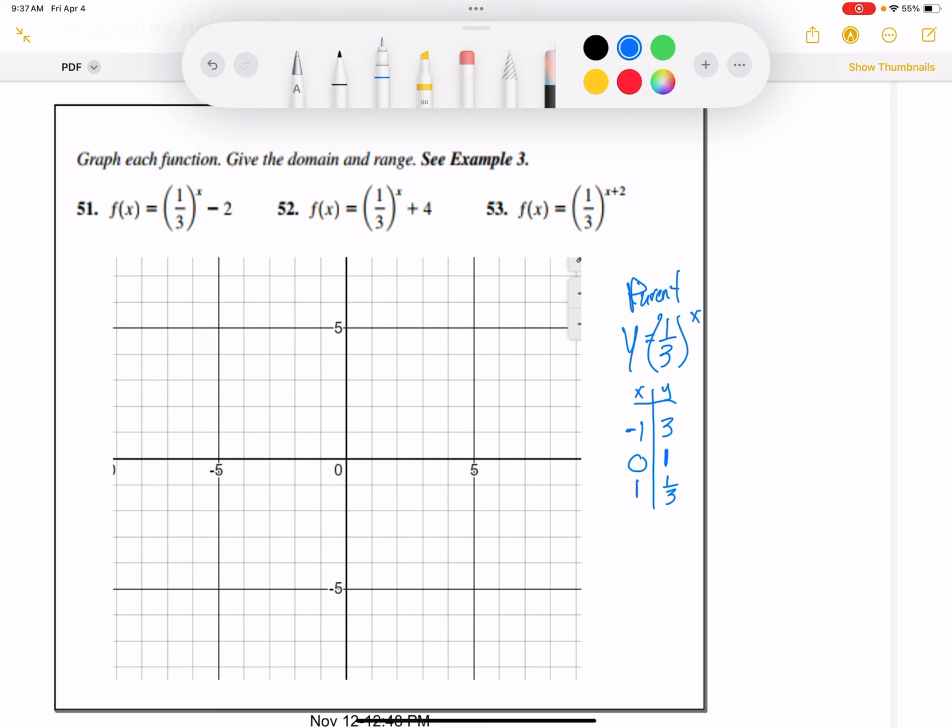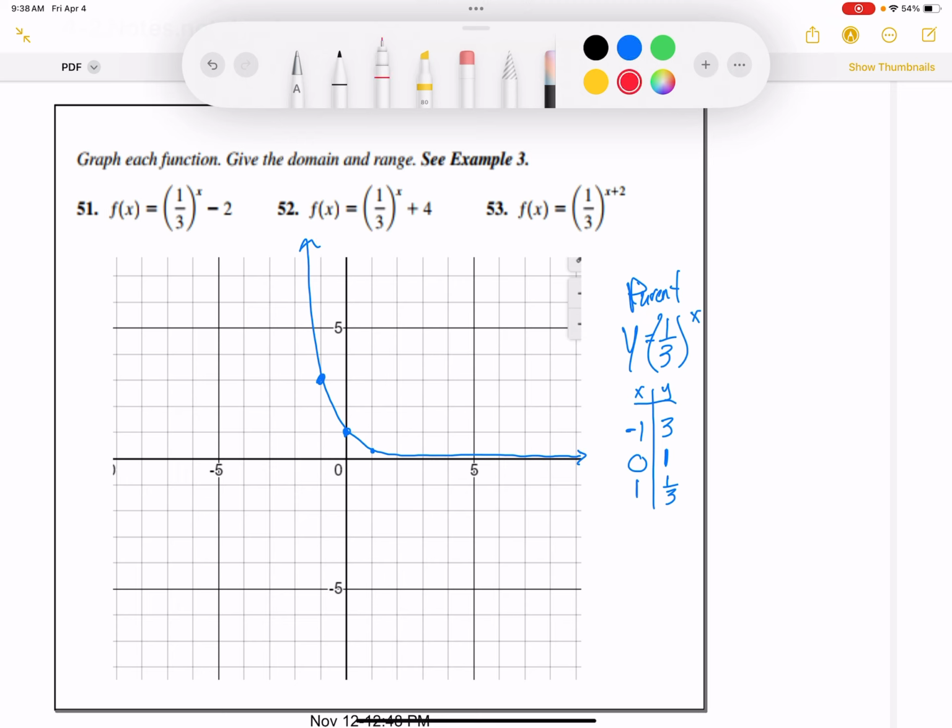So if I plot these 3 points, (-1, 3), (0, 1), (1, 1/3), that probably gives you everything you need. And you can say, oh, I see that this is the decay function. It has a horizontal asymptote at y = 0, and then it's going up like this. So this is the parent.